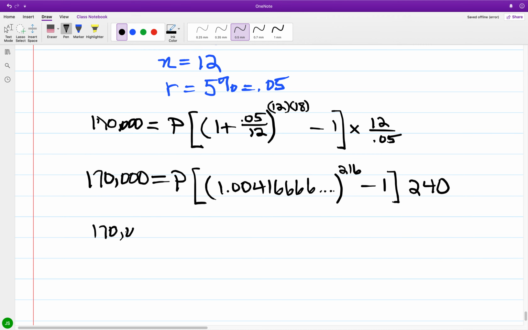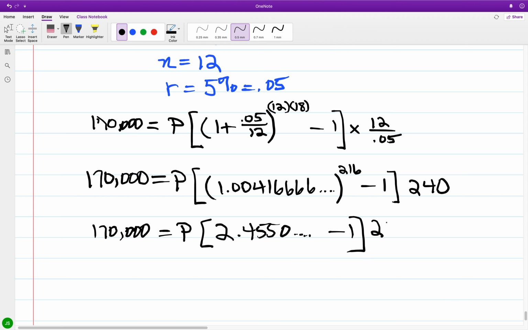So 170,000 is equal to P, and for this number you have about 2.4550, take away 1, times 240.